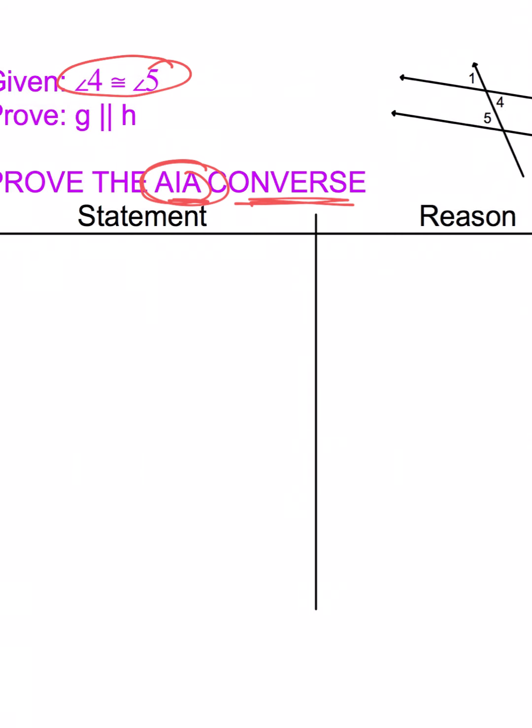Okay, so let's go ahead and begin our proof, right? We start every proof by writing down our given. So in this case, angle 4 is congruent to angle 5, given. Okay, so like I said, we can't use alternate interior angles. So I can't look at this and go, oh, 4 is congruent to 5. I can't use that, okay, because it says prove the alternate interior angle converse.